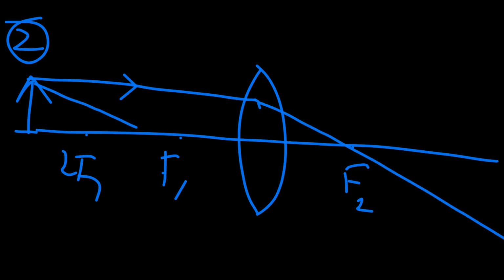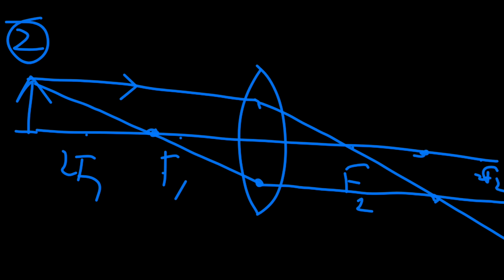Second, when a light ray passes through the focus, after refraction, it passes parallel to the principal axis. Let's say this is 2F2. The image is going to be formed exactly in between F2 and 2F2.